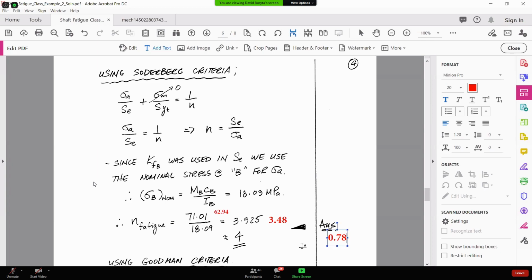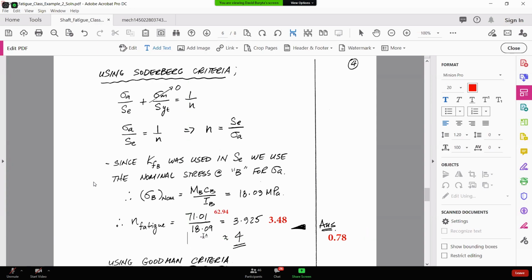So what do we see? Right away, our factor of safety is less than 1, which means now we don't have infinite life. We know that we're going to have less than 10 to the 6 cycles. So what did I just say I'm going to use for this value here? What did we put in here again?